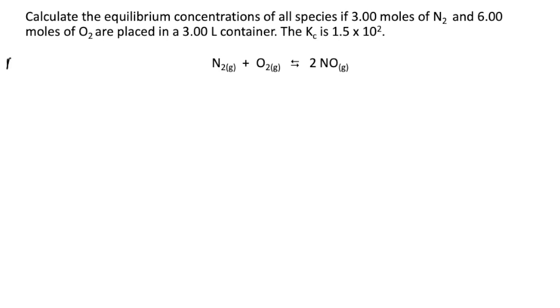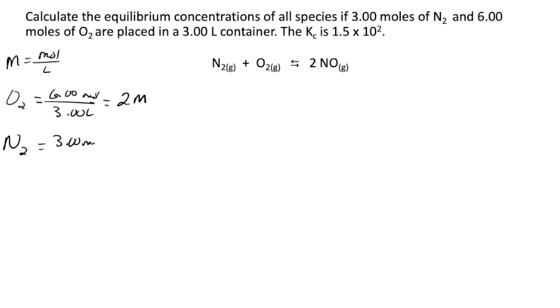And we can convert this into molar by dividing moles per liter. So for O2, we have 6.00 moles into 3.00 liters, which gives 2 molar. And for N2, there is 3.00 moles in 3.00 liters, which gives 1 molar.